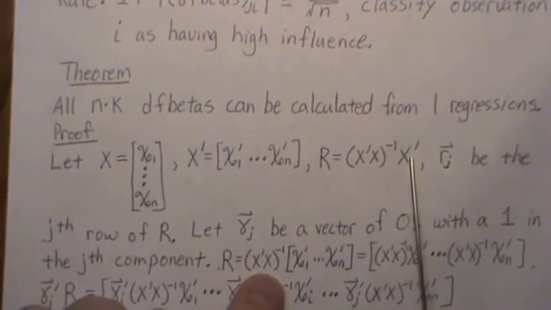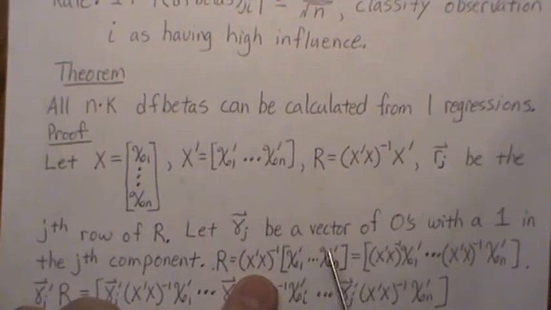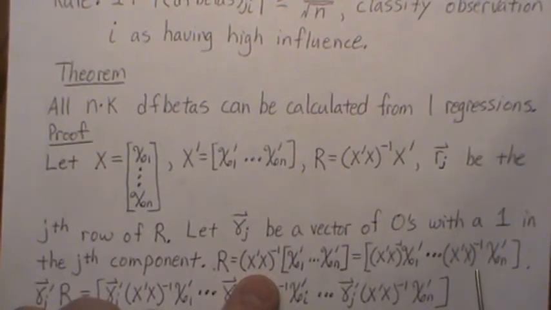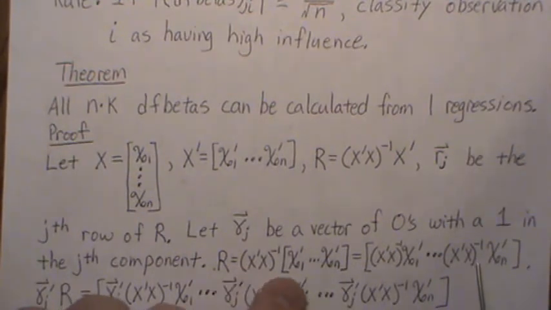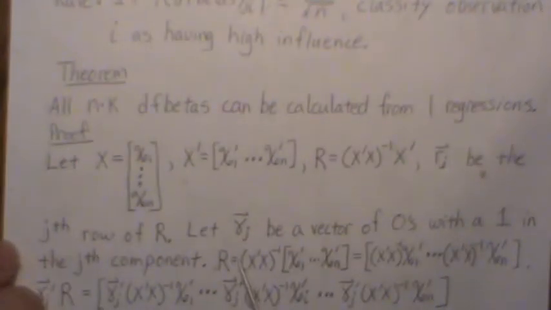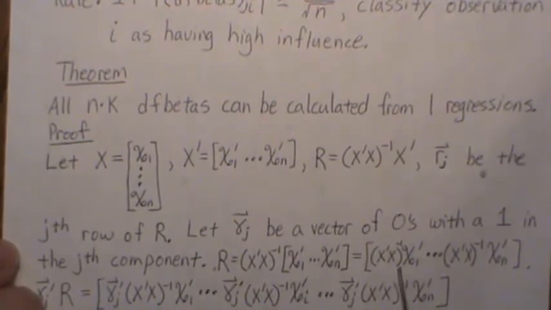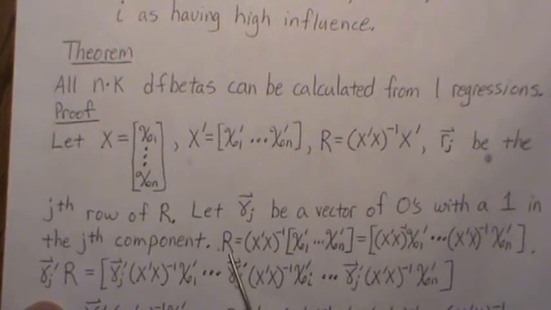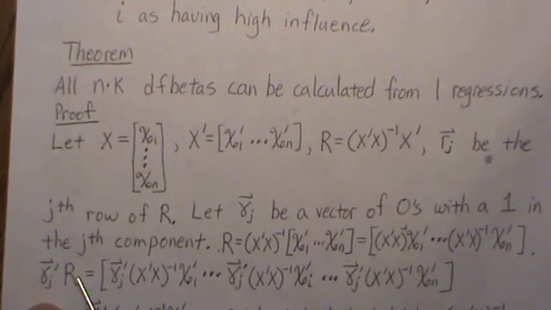Now let's look at R in a little more detail. For this X transpose, we're going to put this in and see what we get. Now this X transpose X inverse can actually be multiplied into each column, and you can think of it like this. Now let's pre-multiply R by gamma_j.